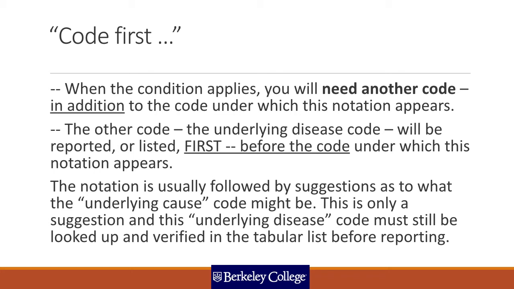And the notation is usually followed by suggestions as to what the underlying disease code might be. This is only a suggestion, and this underlying disease code must still be looked up and verified in the tabular list before reporting.